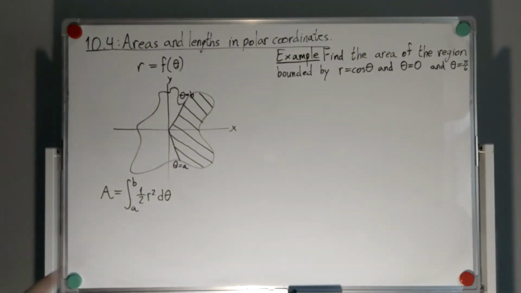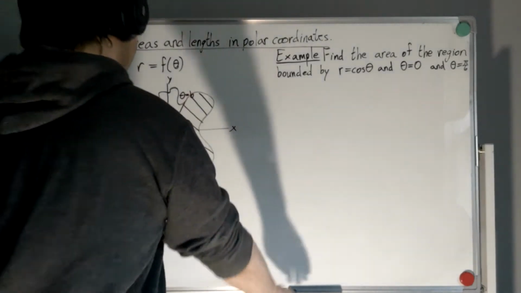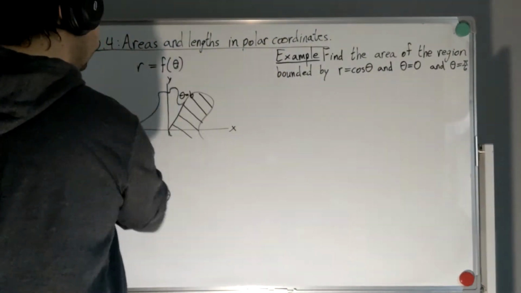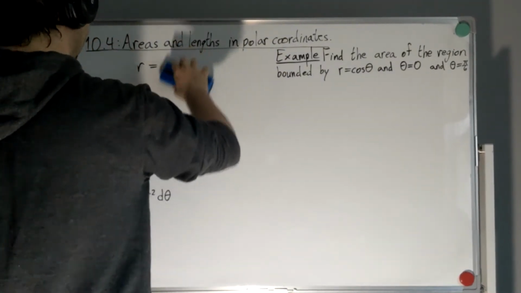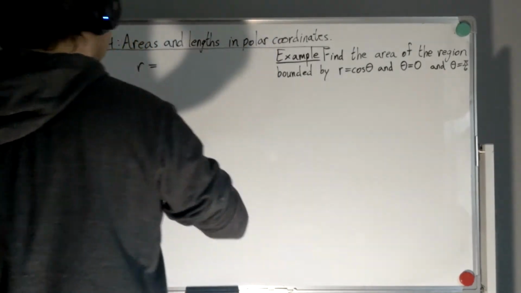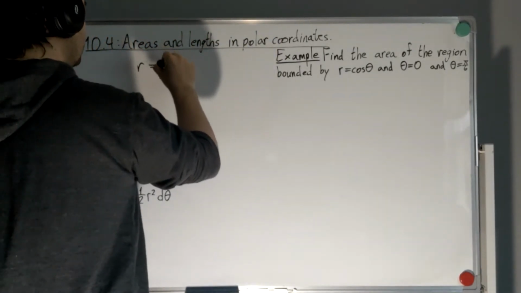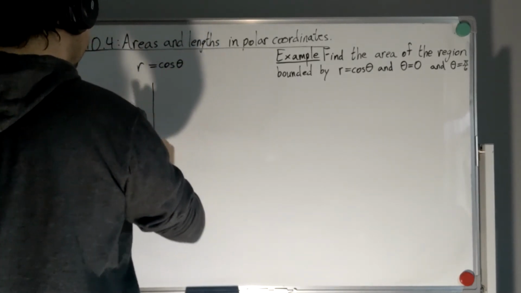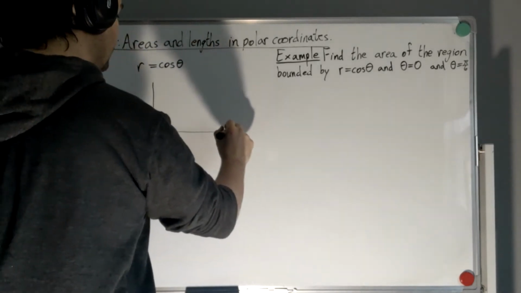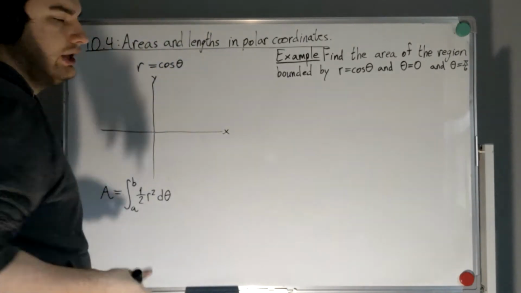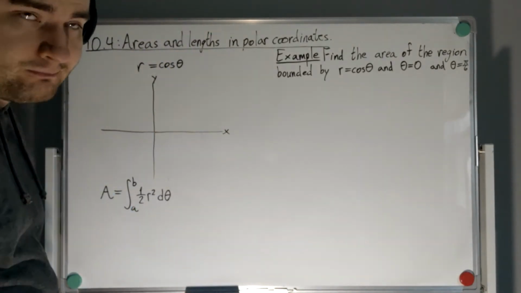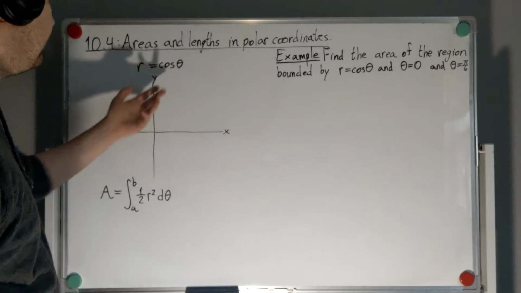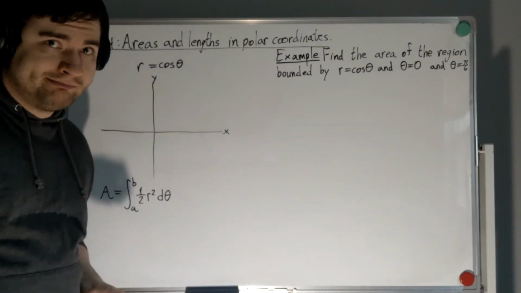Right, so if you wanted to graph a curve like this, well, we have r equals cosine theta. Depending on what theta is, r will be different, right? If theta in particular is 0, then r is 1.